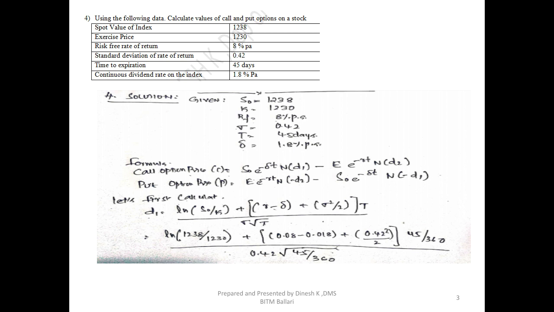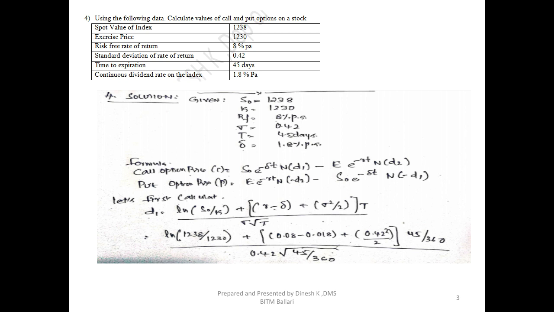For d1, the formula is log of S naught by K plus open the bracket r minus delta, where r is the risk-free rate 0.08 minus delta 0.018, close the bracket, plus standard deviation 0.42 squared divided by 2. Simplify these values and multiply with 45 by 360. Further you can calculate d2, and calculate N of d1, N of d2, N of minus d1 and N of minus d2, and substitute them in the main option pricing formula for the call and the put.